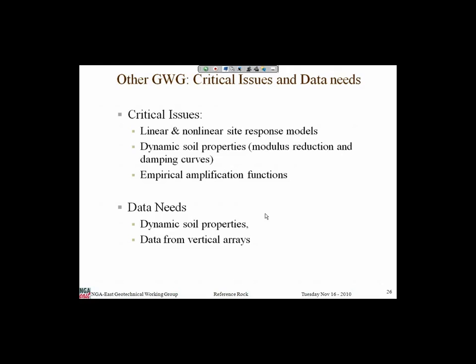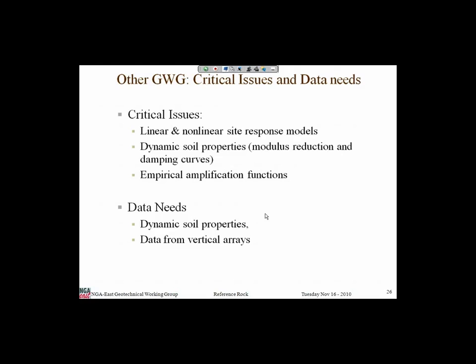So our work, after we produce the reference rock and the Kappa, which Ken will be talking about shortly, is to look at these, let's call them soil amplification factors, or amplification factors from hard rock. And the way we're going to approach those, we're going to be looking at site response models, and the exact form of them we have not selected.